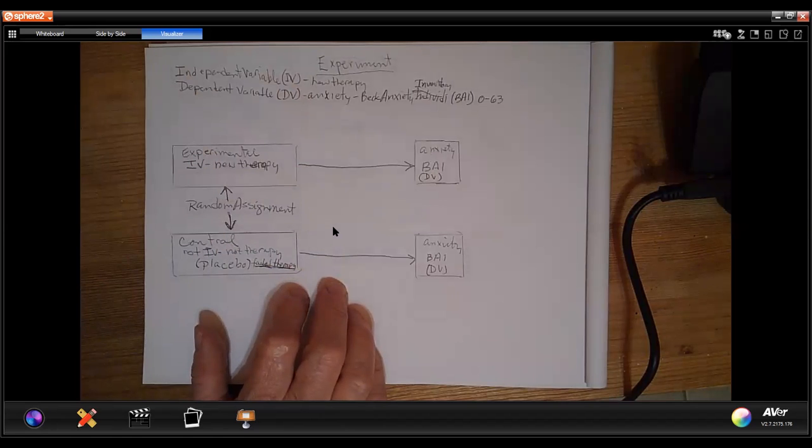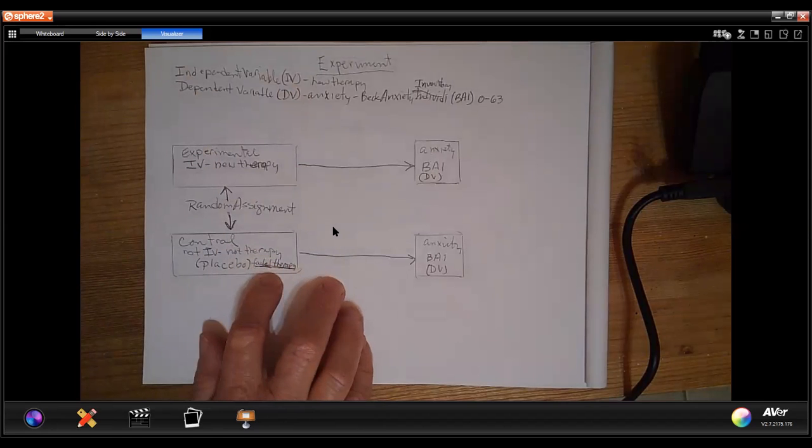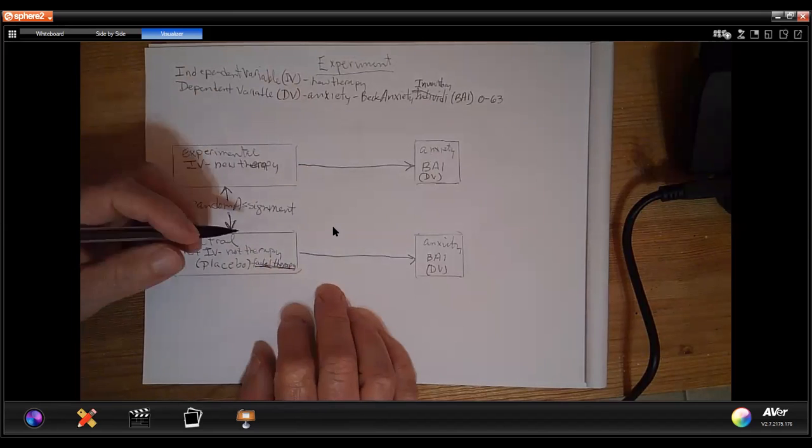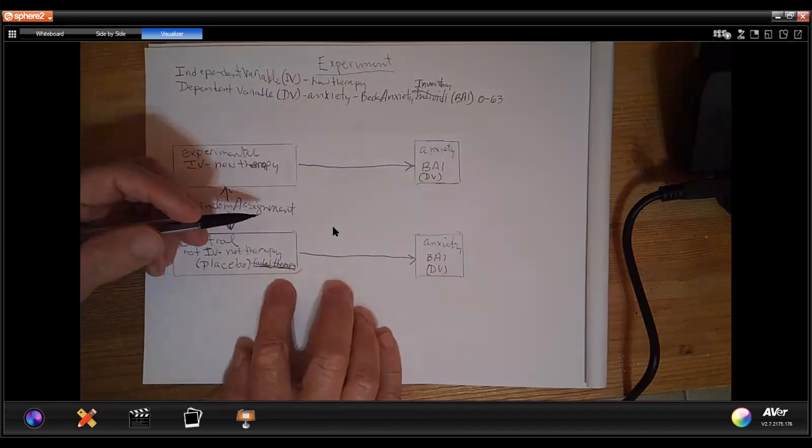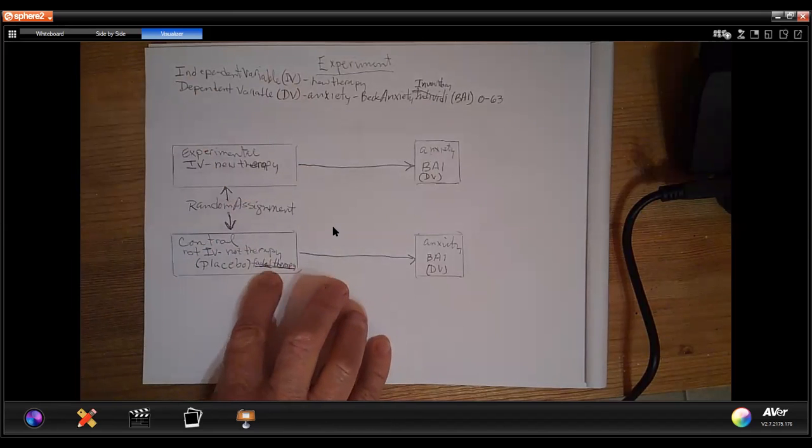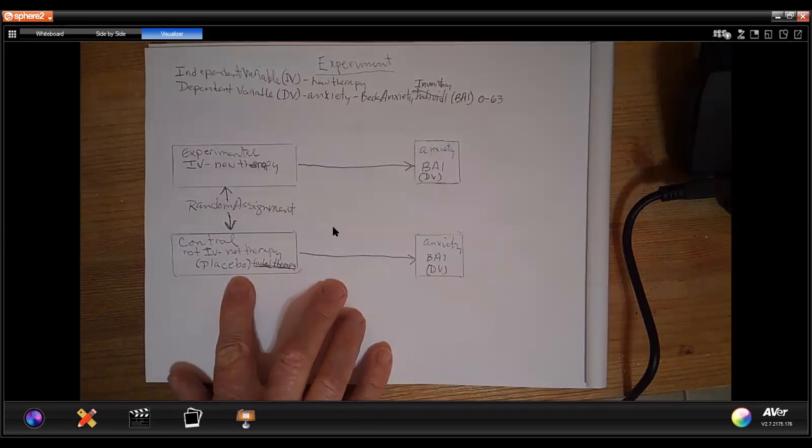Almost. There is another set of expectations we have to control for, okay? And that is the researcher's expectations. So what the researcher expects to have happen can influence the results.